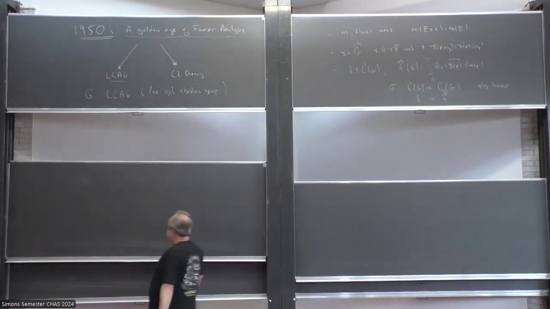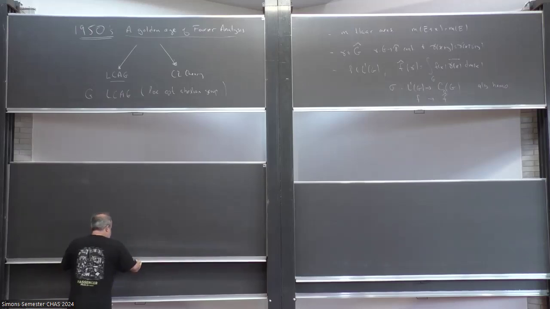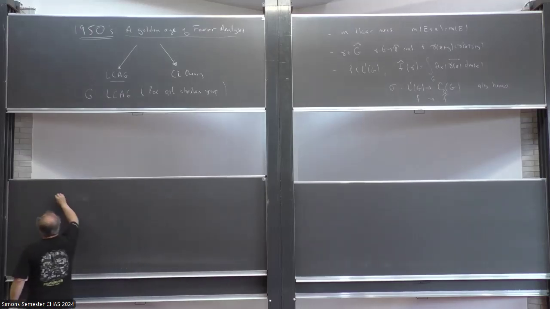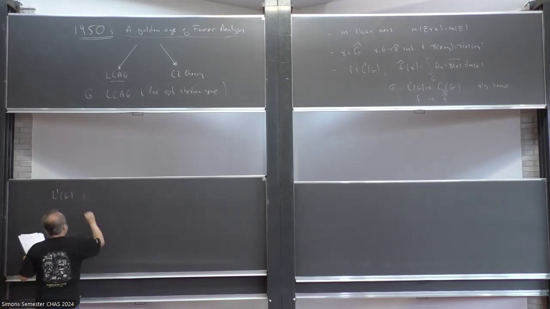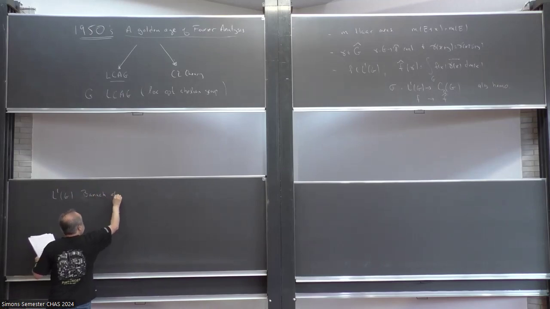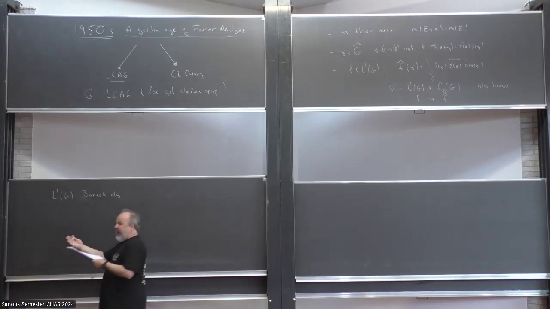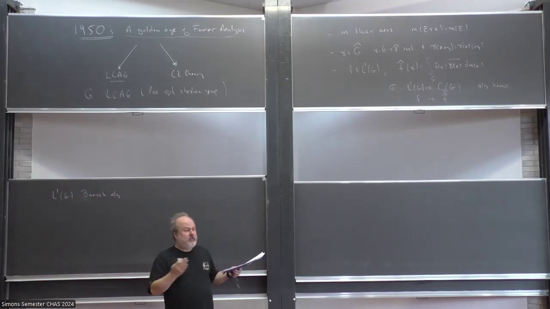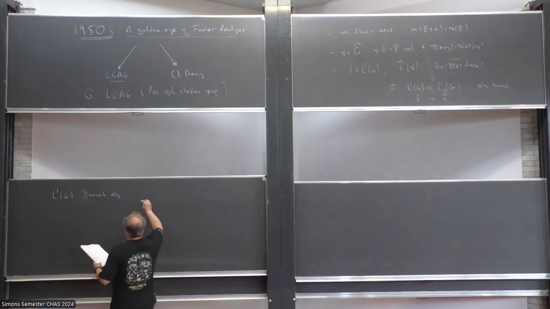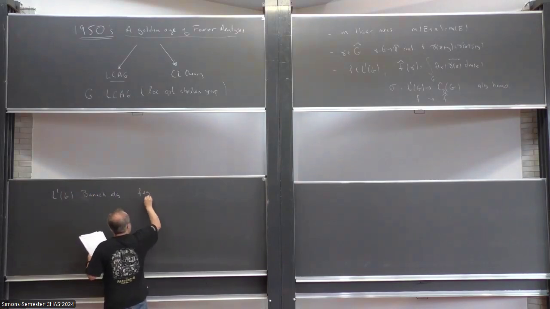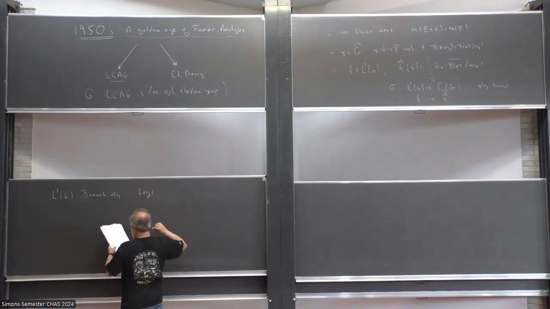I want to emphasize that this is a Banach algebra. Not only is it a vector space, a Banach space, but there's also a multiplicative structure here. I take two functions and I can convolve them and I get an integrable function.